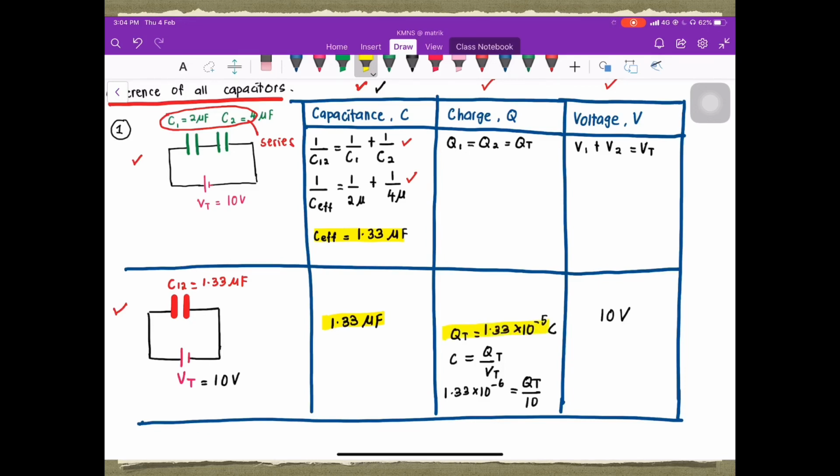So this is the value of total charge, and this is the value of total voltage.